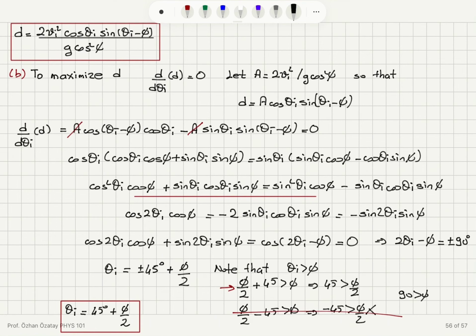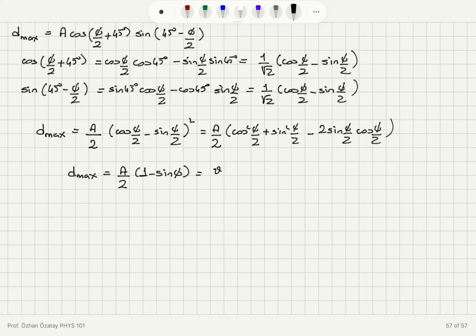If I substitute for A, 2 vi square over g cosine square phi, this will be vi square divided by g cosine square phi times 1 minus sine phi. So this would be my final answer for D max. Now you can also see that I can write vi square divided by g cosine square phi, where cosine square phi is 1 minus sine square phi.